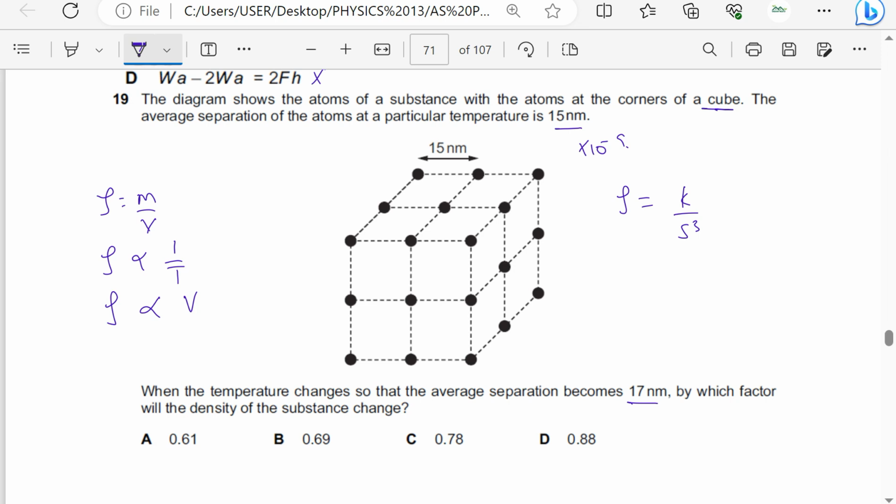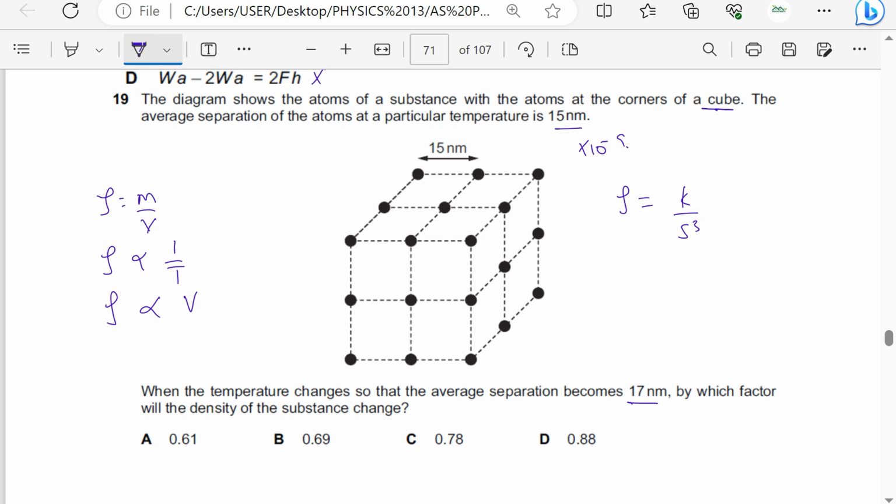That is going to be for when the average separation of the atoms at a particular temperature is 15 nanometers. When the temperature changes so that the average separation becomes 17 nanometers, by which factor will the density of the substance change?